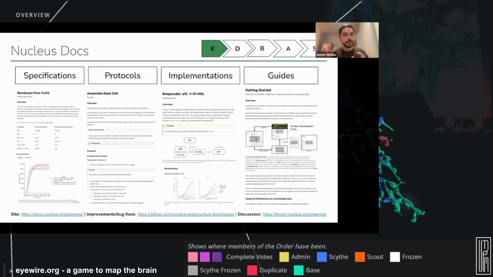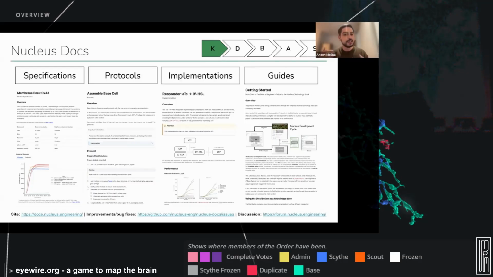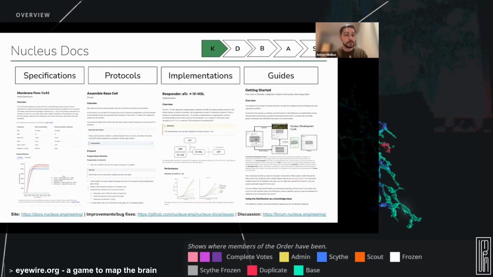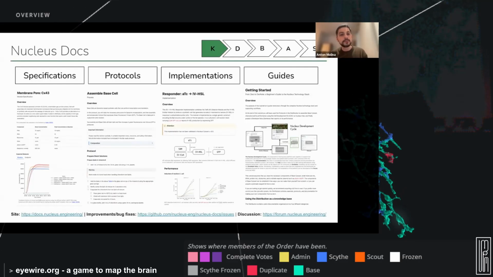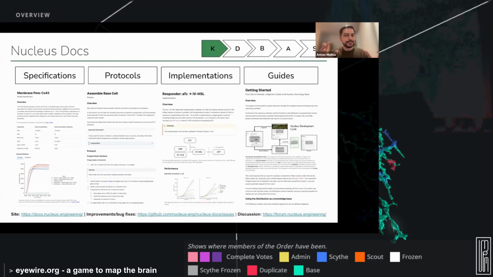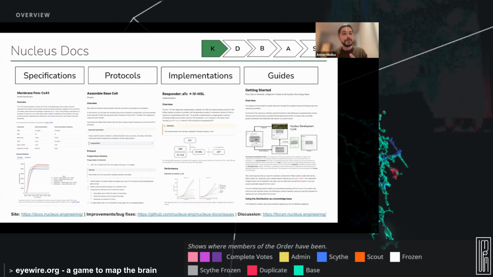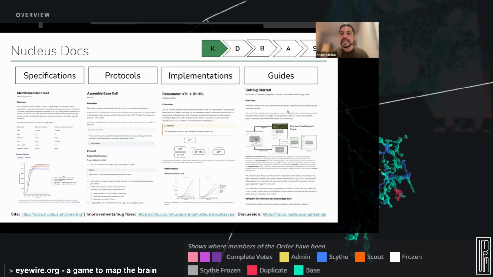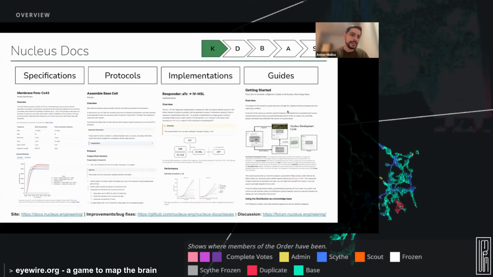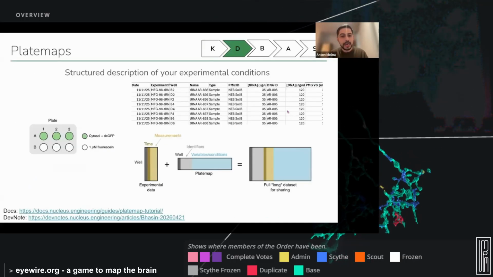So you can interact with that there, post issues, and let us know how to improve it. We have a forum as well for people to discuss these protocols. Okay, so great, there's a knowledge base. I can get started on making a synthetic cell, hopefully a little bit faster than having to piece together 10 different protocols and synthesize them.